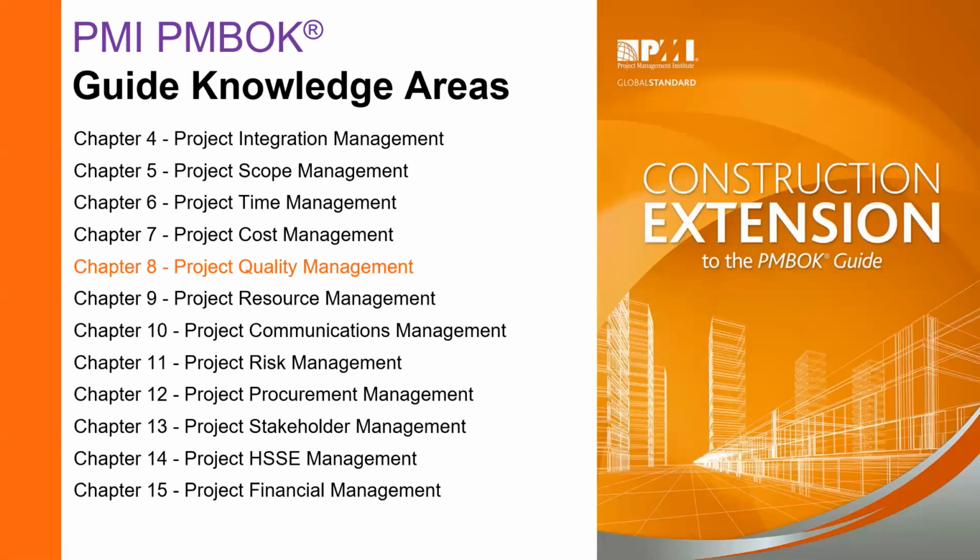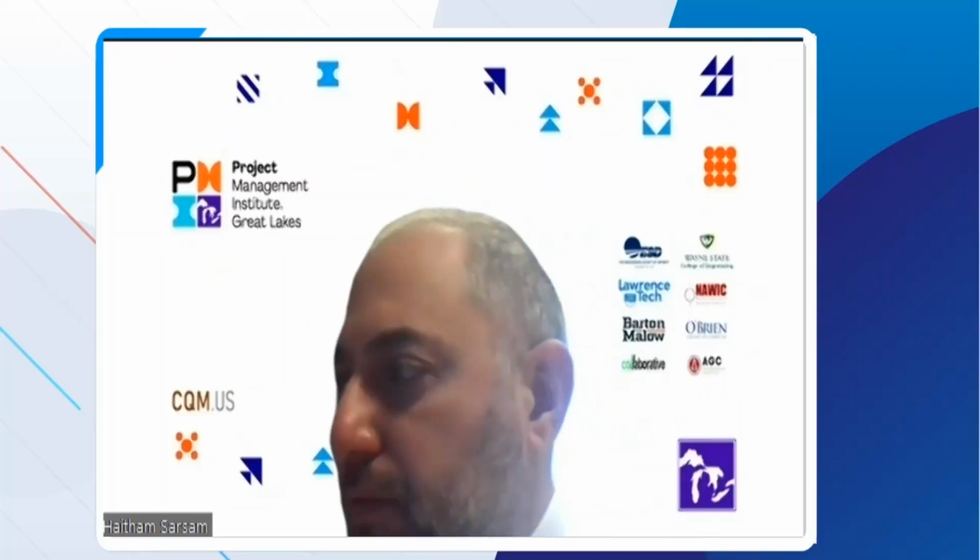Here is how quality management is listed in the body of knowledge, and specifically here the construction extension PMBOK. You can see quality is in chapter 8 there, and quality technically includes, impacts, and monitors and controls all the other knowledge areas.